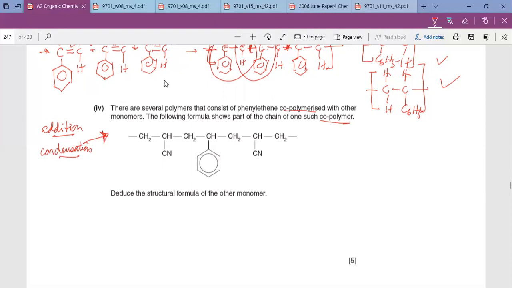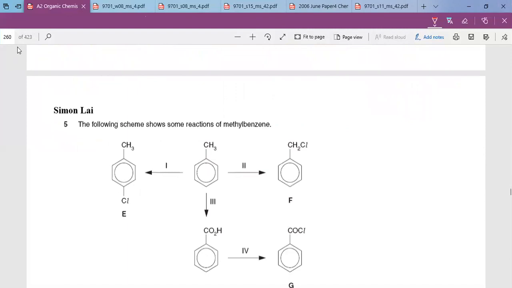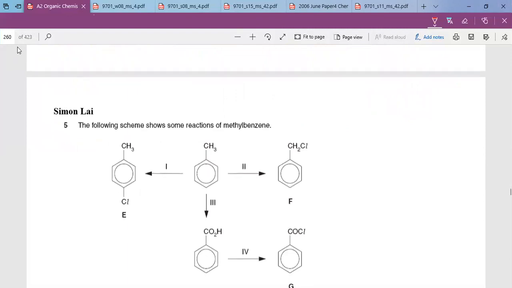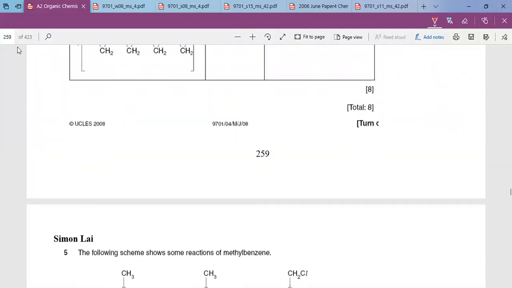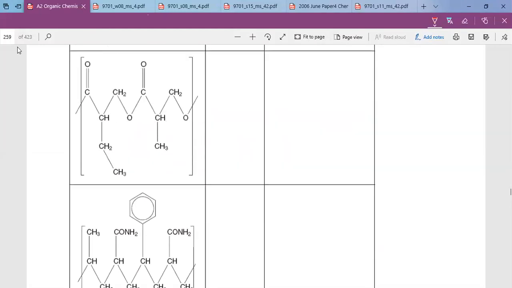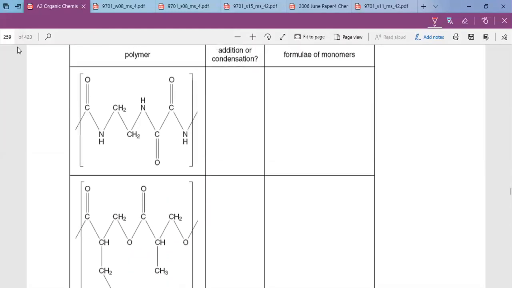I give an A2 question for my Form 5. They can do it. They're quite smart. The lazy ones are the problem. Page 259, up here. Beautiful question. Cambridge has got beautiful questions.